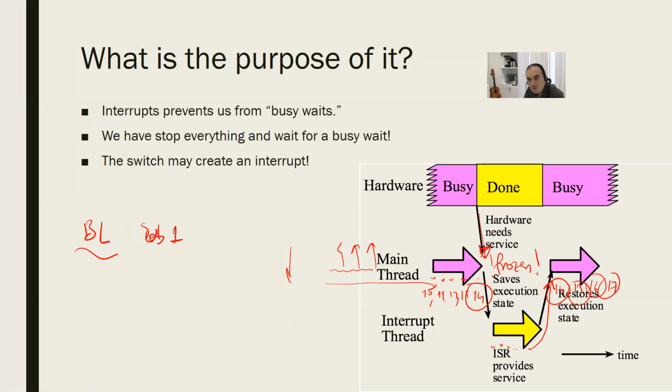But when we jump to interrupt subroutines, the interrupt thread or interrupt subroutine, it will not be related to the instruction. We will not jump because the instruction said so. The instruction will be something totally irrelevant because there will be a hardware mechanism to make us jump there. So it is like you are the main code, you are running your lines, then you're frozen. Time stops for you.